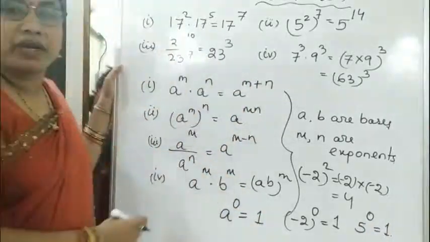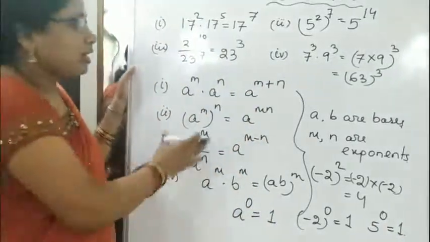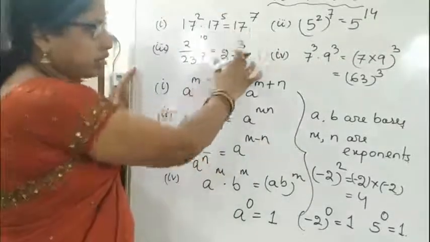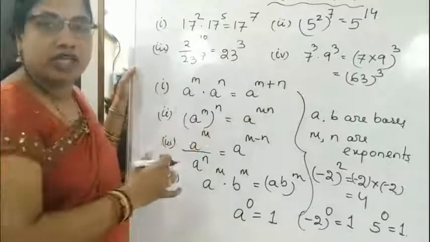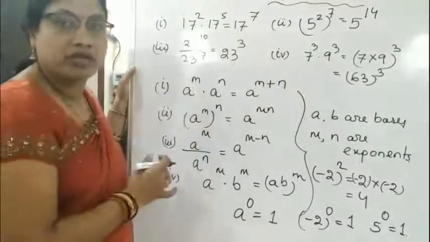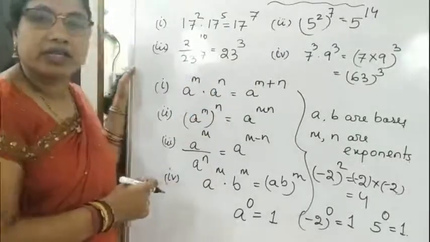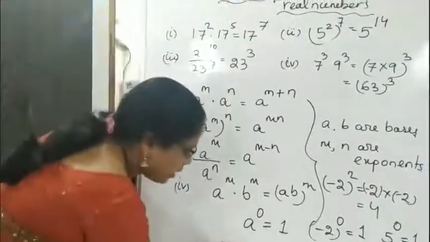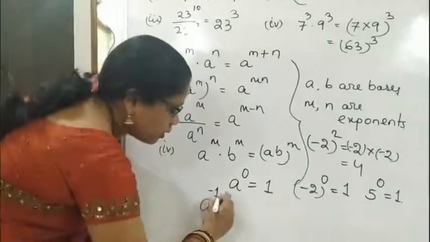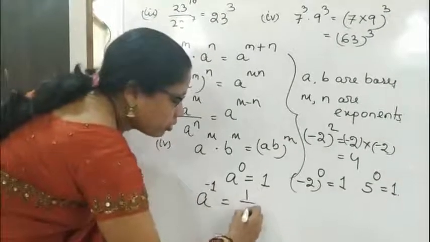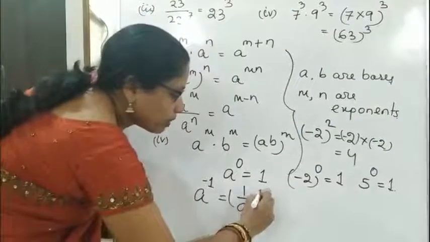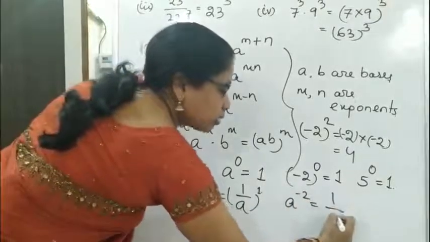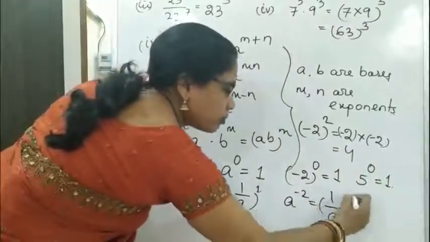In these examples we have taken the exponents as positive integers. In the case of negative integer exponents also, we can find the values. That is, a to the power minus 1 is equal to 1 by a to the power 1, or a to the power minus 2 is equal to 1 by a to the power 2.